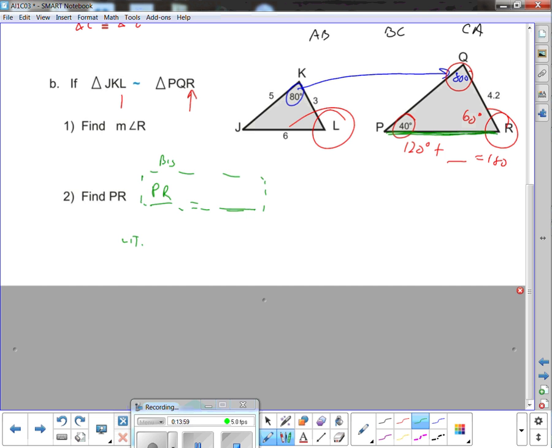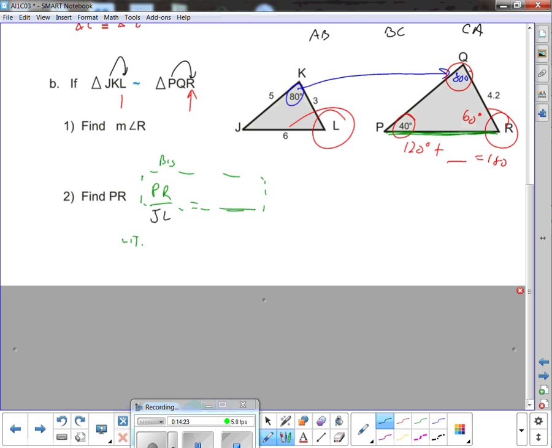So what side goes with PR? Well, you can look at the lettering. Here's PR, first and third. So would you agree JL goes with it? And again, these are lined up nicely, so it's easy to see. But sometimes the triangles can be spun, and they don't line up so nice. You're going to go by the lettering.